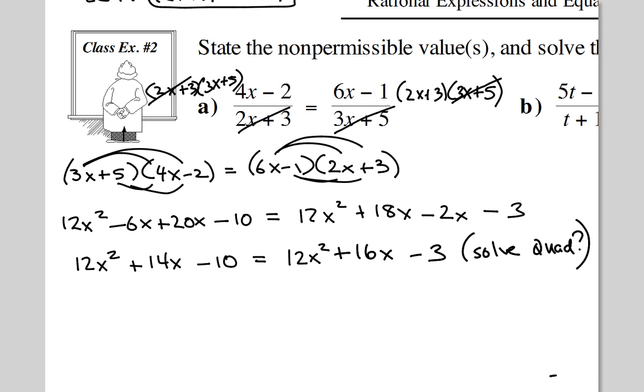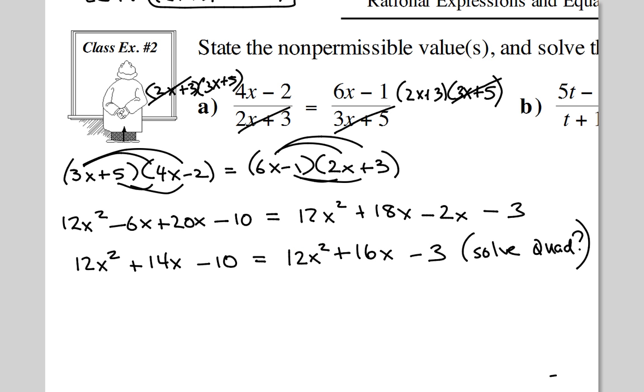Now, does it matter which side we move it to on this one? Why? Yeah, good. If the x squared on the right were 13, which way would you put it? Put everything on the right so that the x squared is positive. We like the x squared positive.